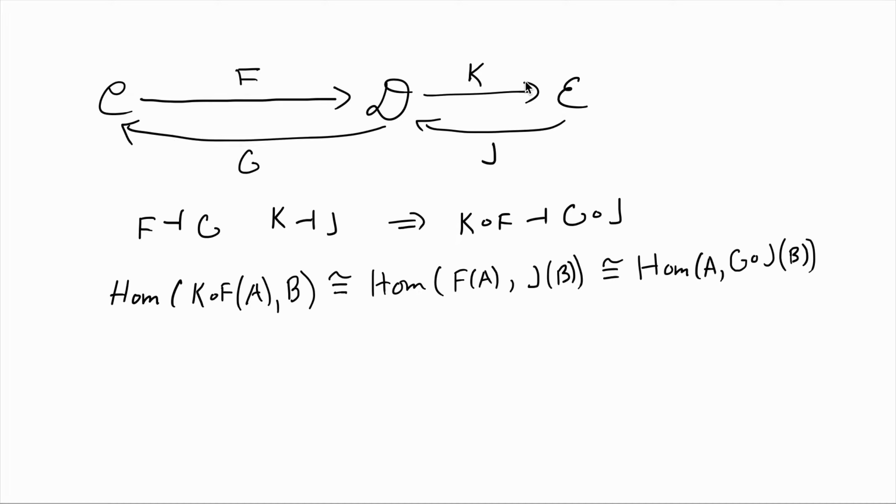And you can look at that by just simply thinking about adjoint natural transformation, the definition of adjoints, and the correspondence between them, and using that to whittle this Hom set down to this one over here. And it's via these natural isomorphisms. And so we actually get the adjointness of the composition.